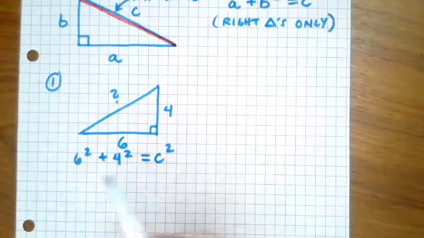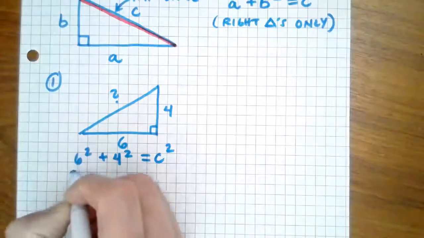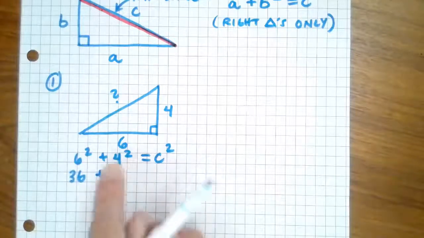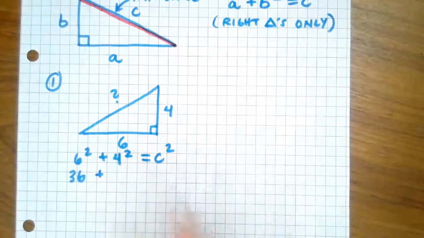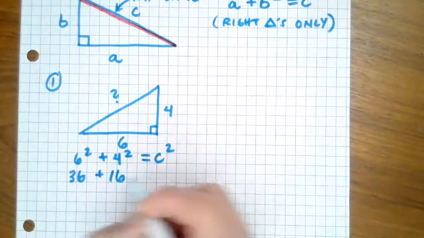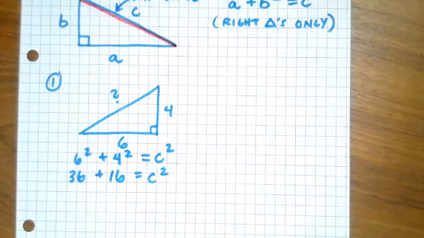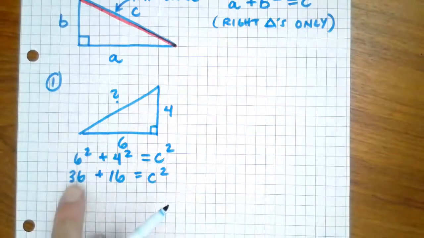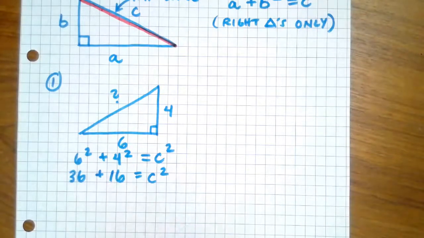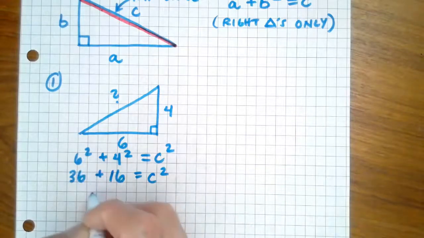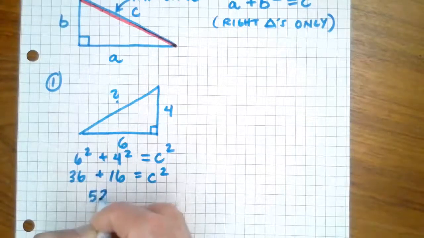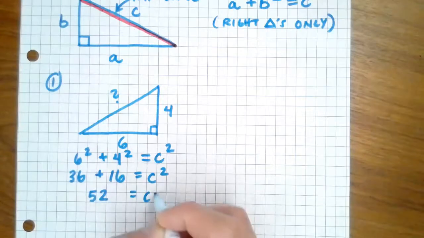6 squared is 6 times 6, so that's going to be 36, plus 4 squared is 4 times 4, that's going to be 16, equals c squared. We're still trying to figure out what that is. 36 plus 16, we can add those together. We would get 52 is equal to c squared.